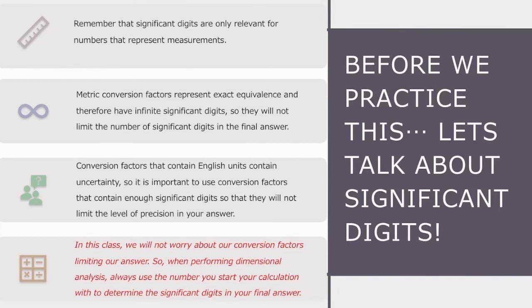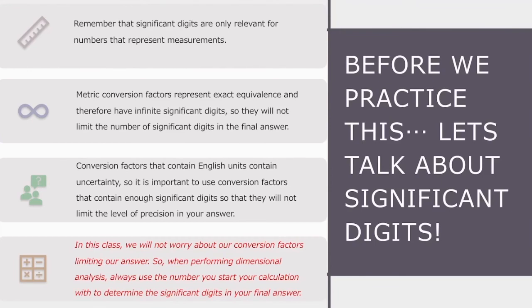However, conversion factors that contain English units contain some uncertainty because those equivalents are not always exact. So when you're using conversion factors that contain English units, you want to be really careful to make sure that your conversion factor is not limiting your answer. But I'm going to make things really easy for you.